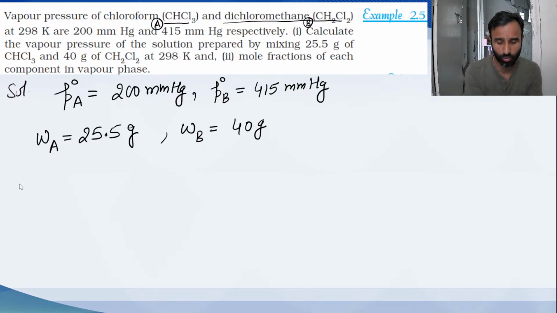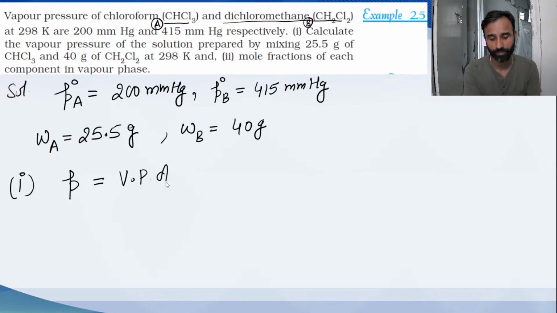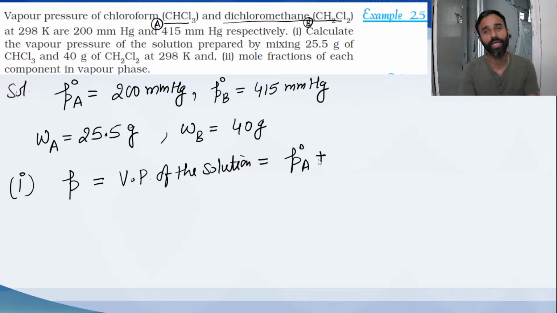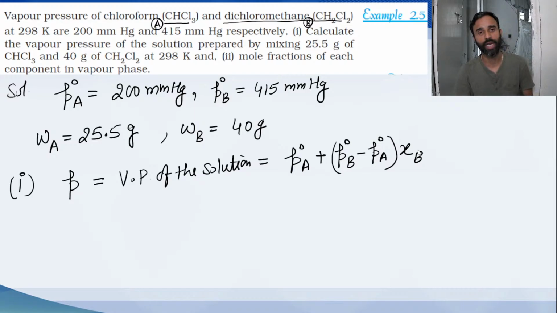So for the first question, what is required to calculate vapor pressure of the solution? We know that vapor pressure of the solution is equal to P naught A plus P naught B minus P naught A into XB, right?